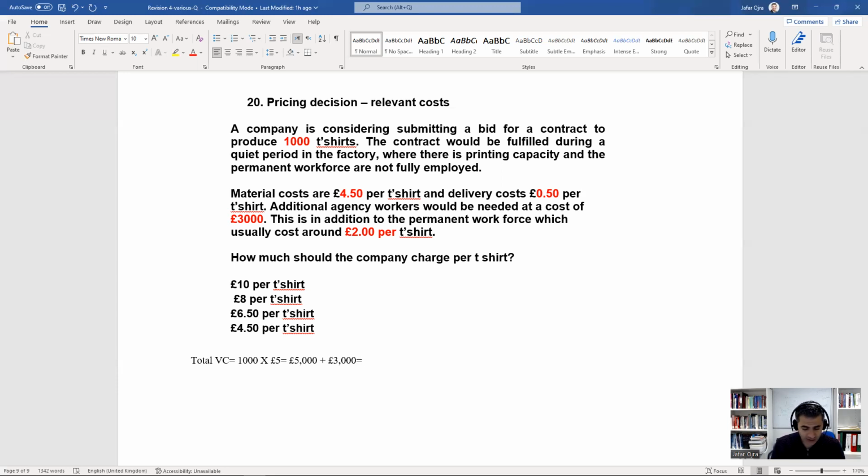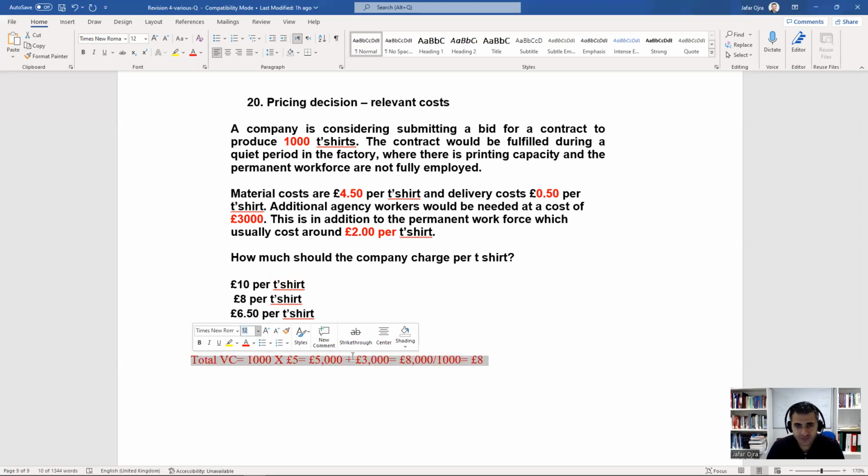So that's equal to £8,000. If you divide by 1,000 units, £8 should be the cost per t-shirt. So the answer is £8 per t-shirt.